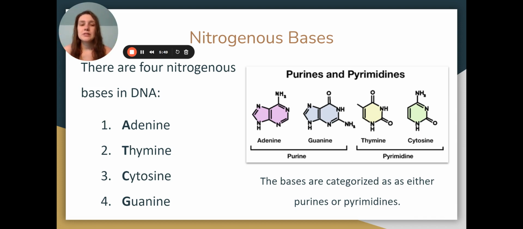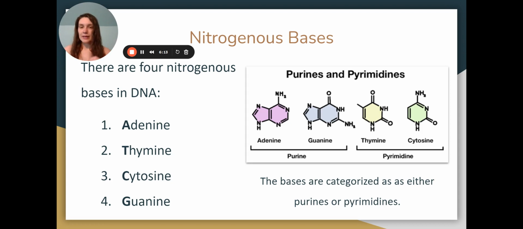The pyrimidines are just cyclical, they just have this little round bit to them, while the purines have the round bit plus an extra little bit hanging off. So our purines are adenine and guanine, and our pyrimidines are thymine and cytosine.